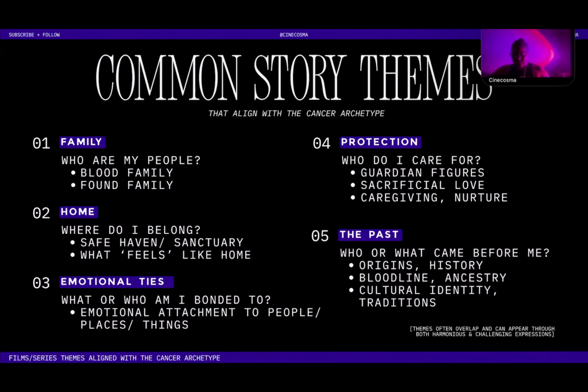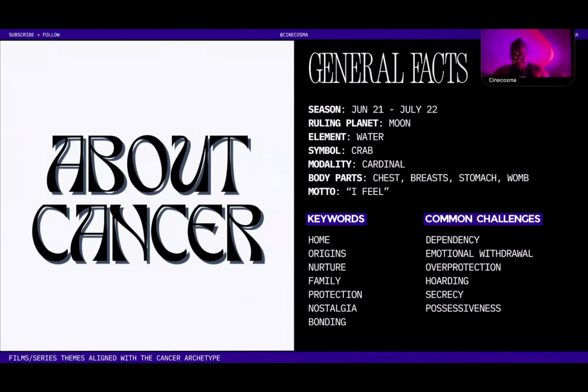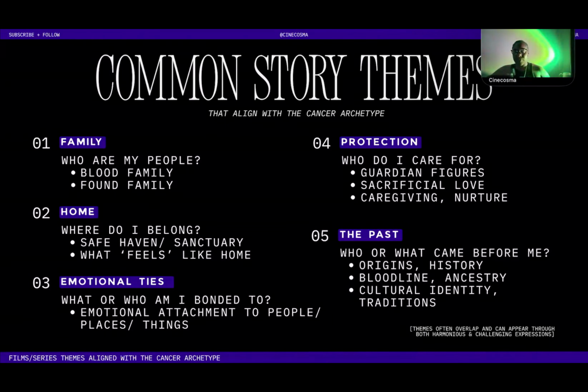Family. I just told you that family is one of the keywords that aligns with Cancer. One of the common story themes that you might see is family. Who are my people? Is it blood family or is it found family? There's plenty of movies and TV shows that fall under this particular theme, and like I said, I'll give examples.